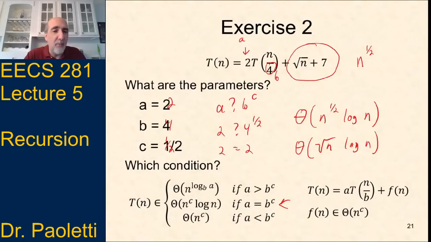Now, one other thing about the second form of the master theorem: in the first one, we have n to the log base b of a, and in the second one, we just say log of n. We don't have a base at all. The base is not clear from the master theorem.